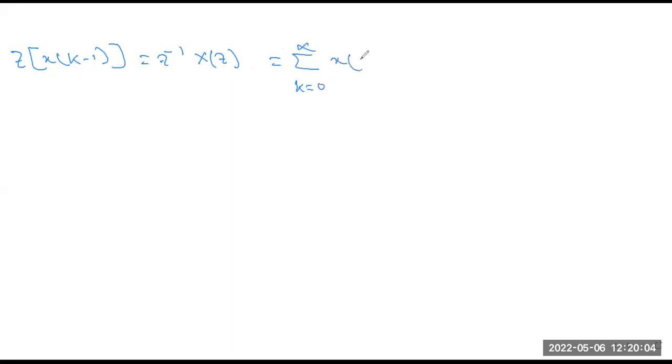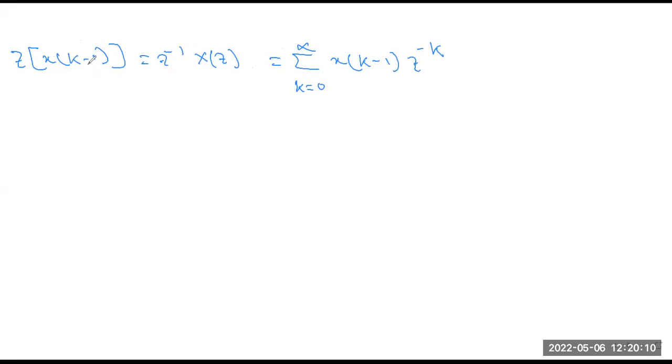That means, just wait. The Z transform of another function x of k minus 1 is z inverse X(z), that is summation of k is equal to 0 to infinity x of k minus 1 z to the power minus k.